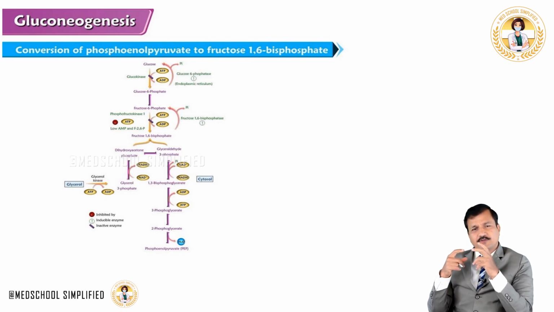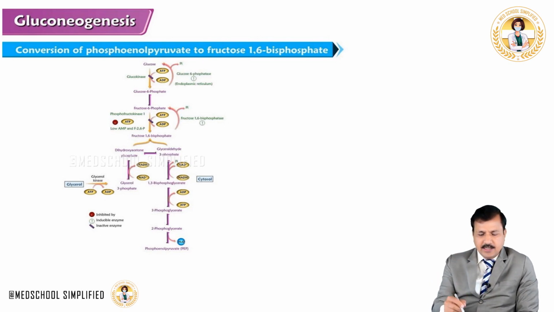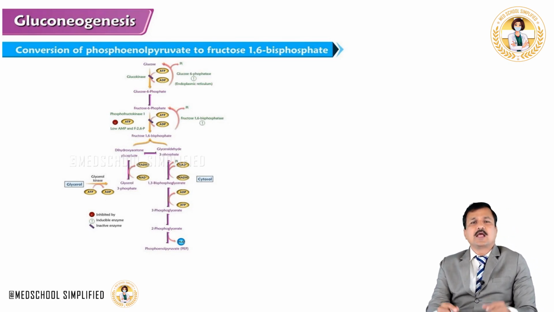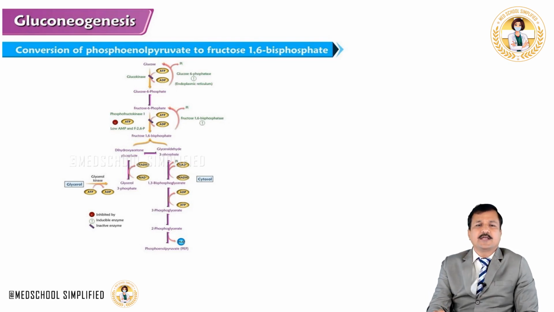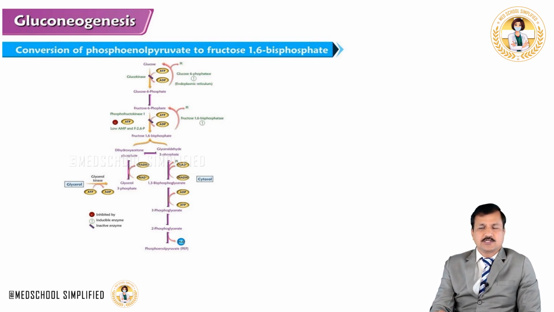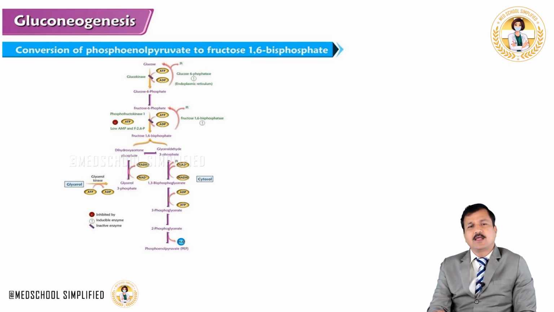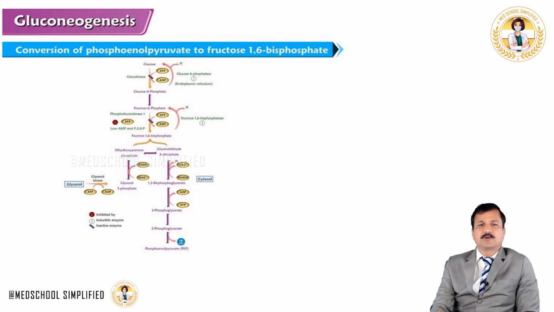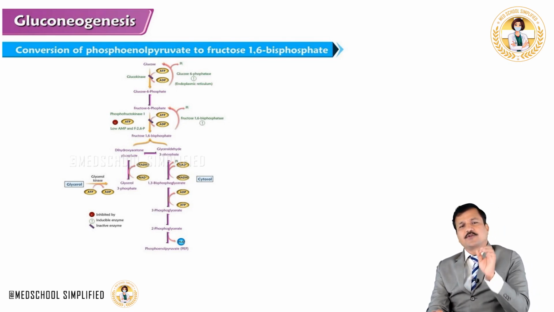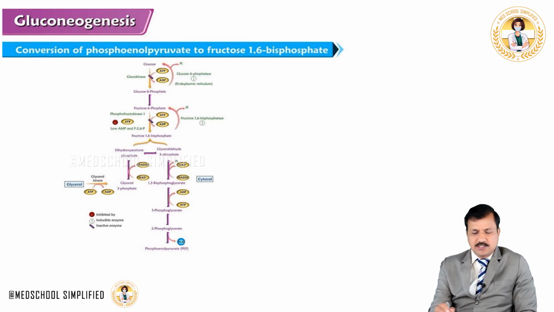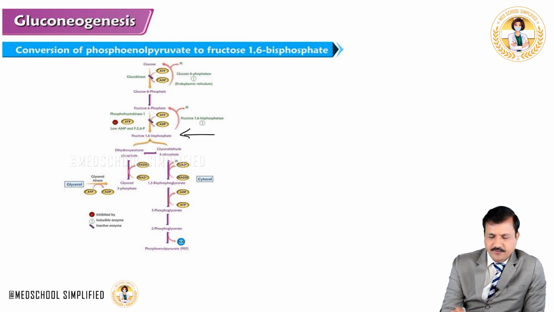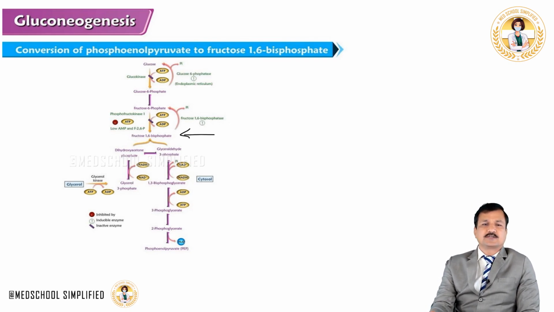And out of these 2 glyceraldehyde 3-phosphate, one of them can be converted to dihydroxyacetone phosphate, and now both of them can condense to make fructose 1,6-bisphosphate, and that is done by aldolase B enzyme, a reversible reaction in glycolysis. That's how fructose 1,6-bisphosphate is made from phosphoenol pyruvate.